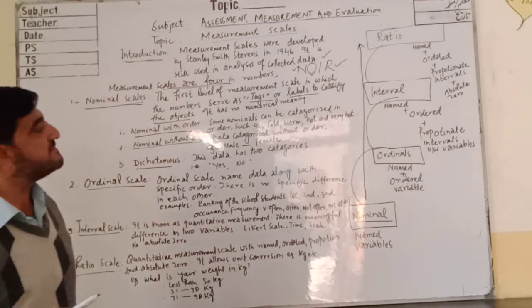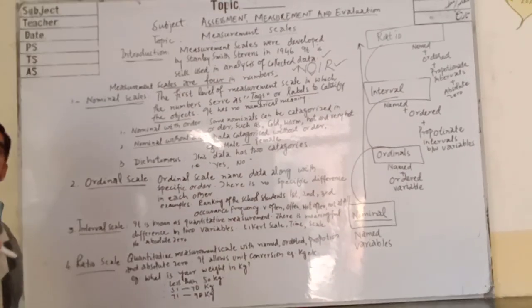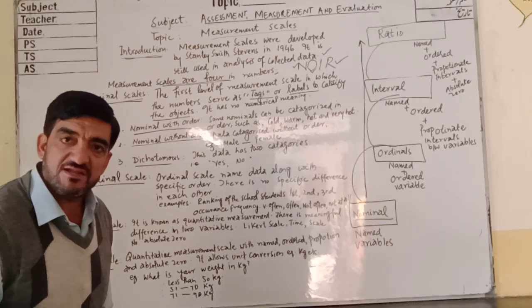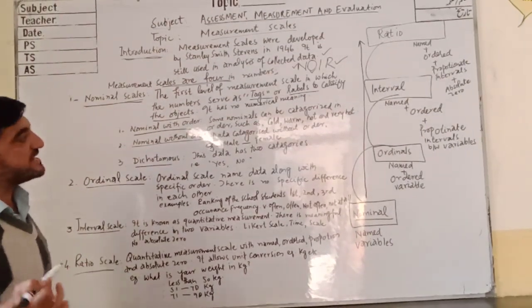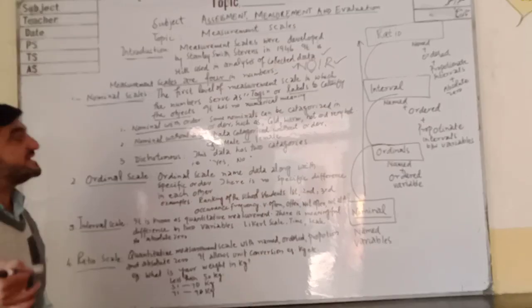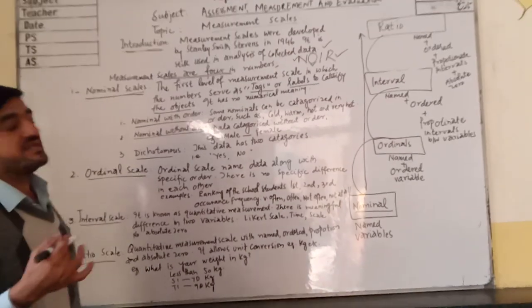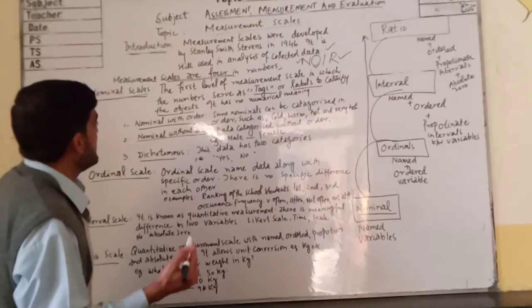That means it is not a quantitative scale. No numerical meaning means it is qualitative and it only gives names or text.